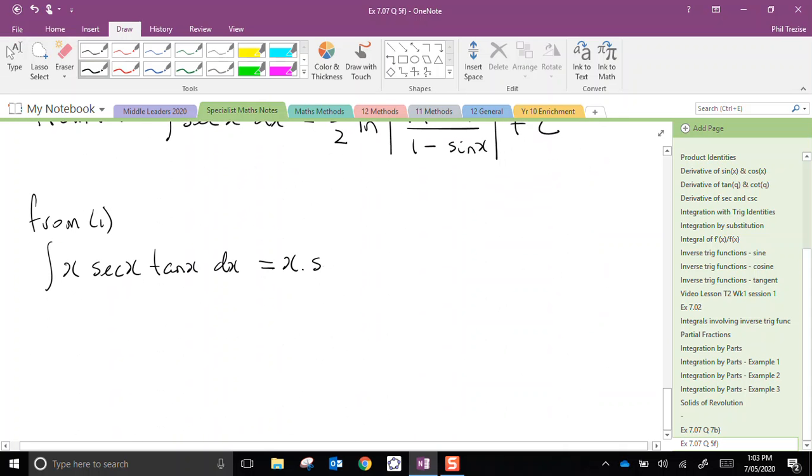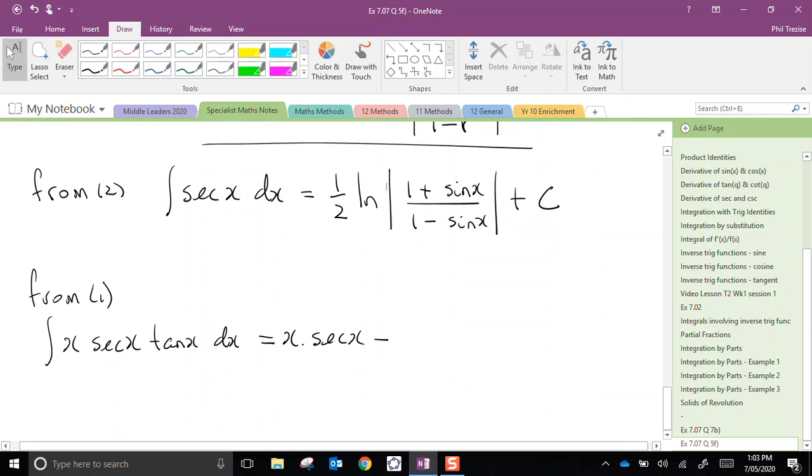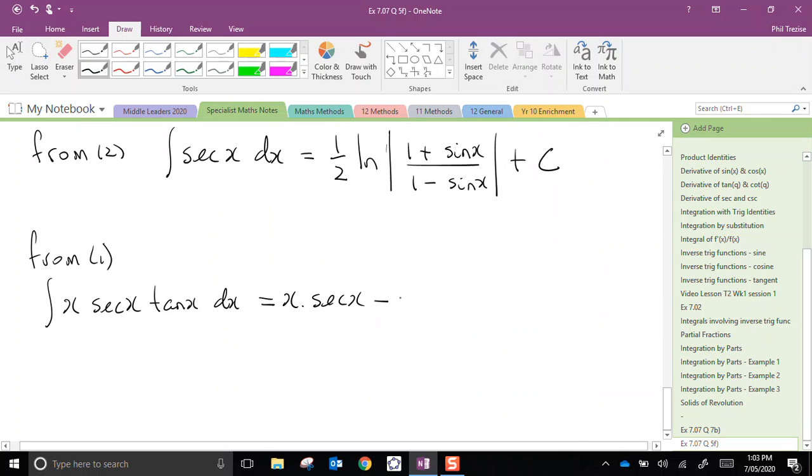So x sec x, and what we just solved is staring right at us here. It is 1/2 by the natural log of 1 plus the sine of x over 1 minus the sine of x plus a constant of integration.